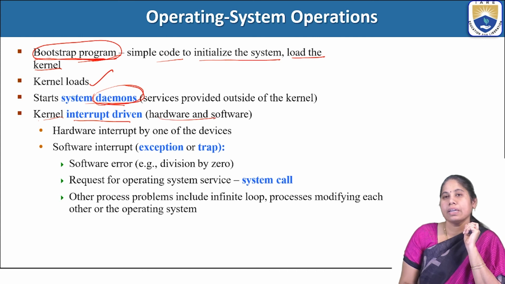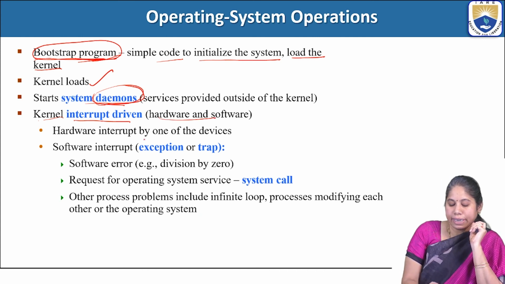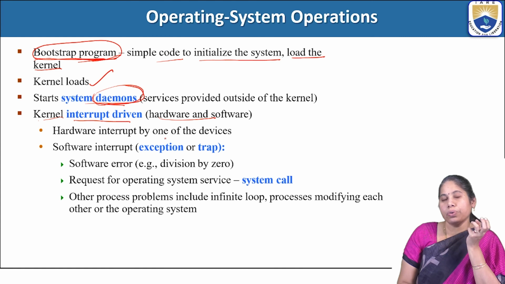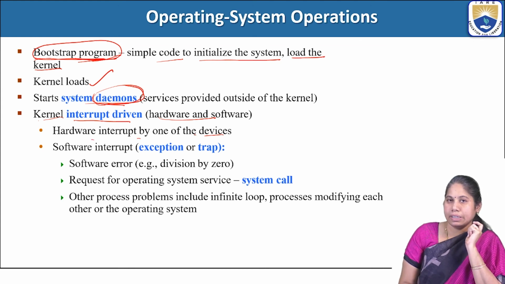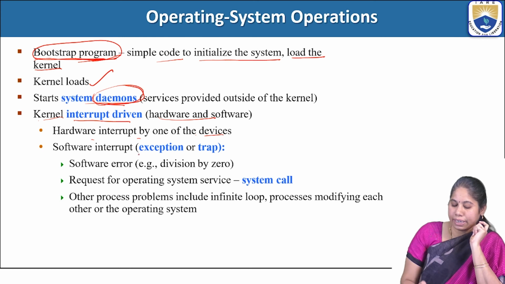Interrupts can be either hardware or software. A hardware interrupt comes from one of the devices, which are the CPU, I/O devices, memory, and so on. Hardware interrupts come from devices, while software interrupts are exceptions or traps.